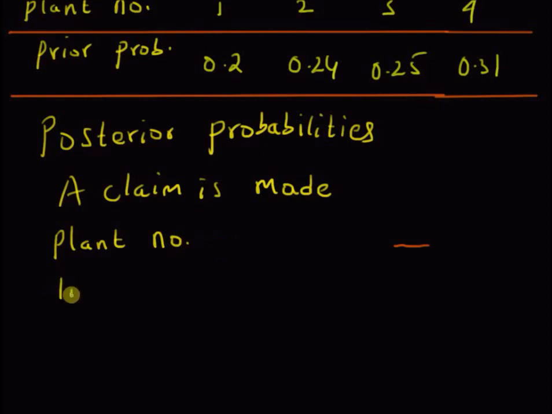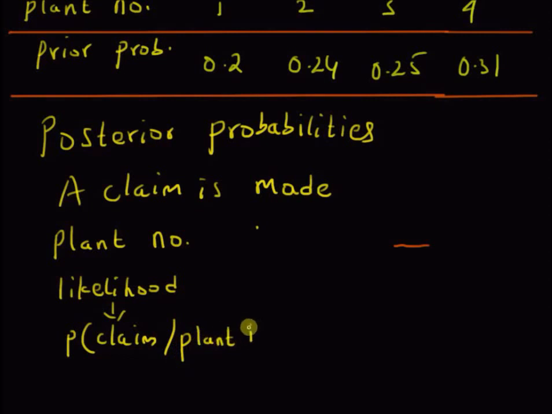and likelihood probability. That is the probability of a claim given this plant number. Likelihood basically stands for the probability of the claim given the particular plant. That is, if the car is from plant 1, then the corresponding likelihood is 0.05.